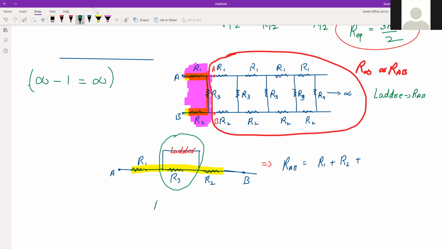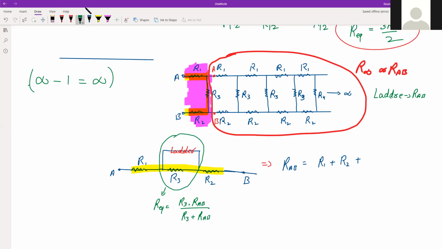Their equivalent will be R3 into RAB divided by R3 plus RAB.